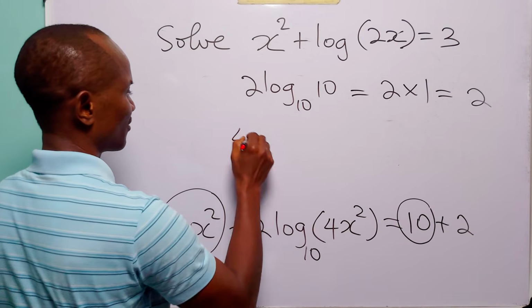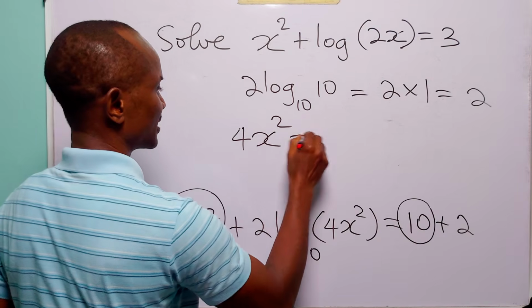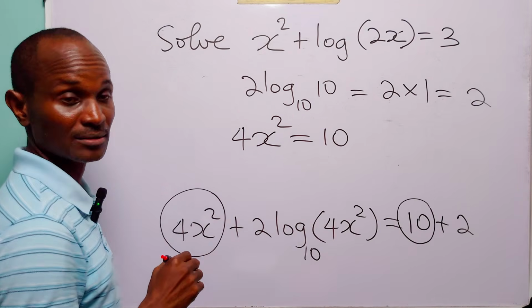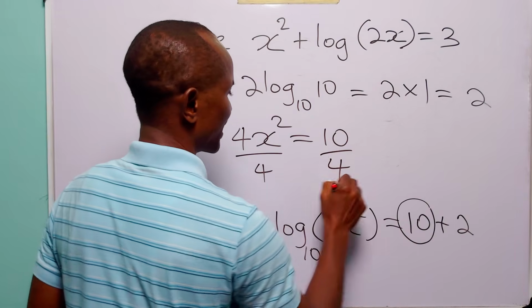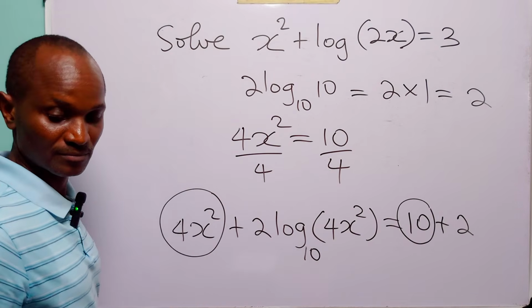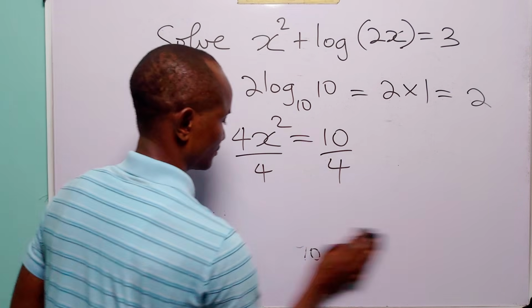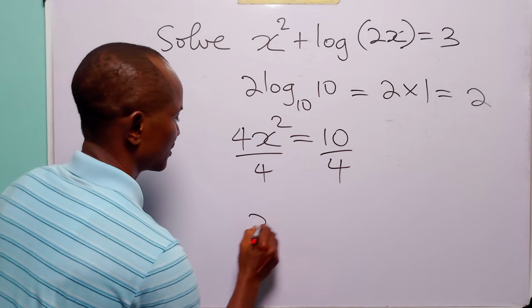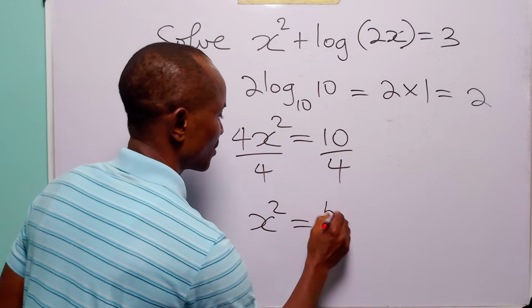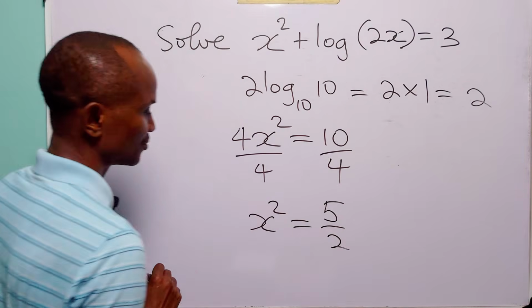So we have that 4x squared is equal to 10. And of course, when we divide both sides of this equation by 4, we have that x squared is equal to 5 over 2.